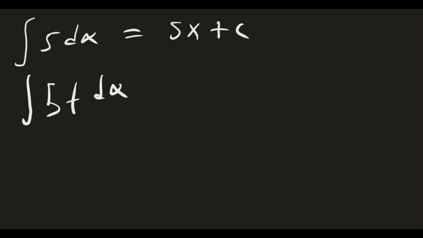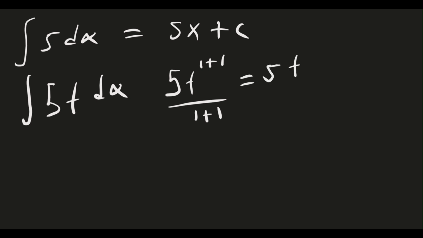dt, we are going to use the power rule. That is going to give us 5t, the power of t here is 1, plus 1 over 1 plus 1. This is going to give us 5t raised to the power of 2 over 2.